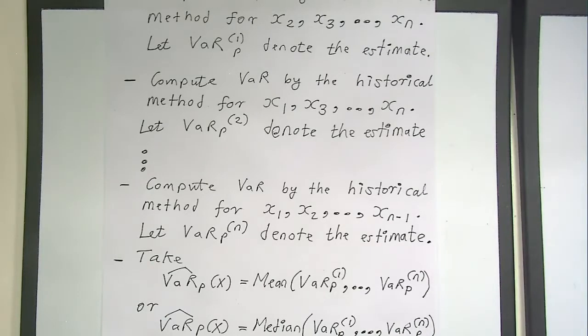This procedure is known as the jackknife procedure for estimating value at risk. This is clear, guys, or not?